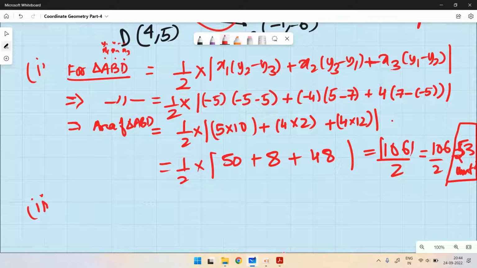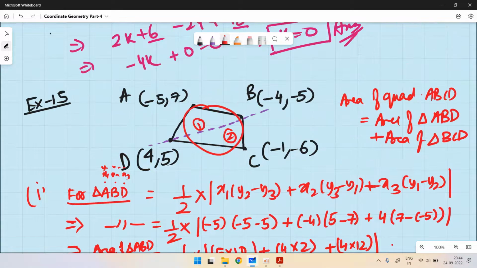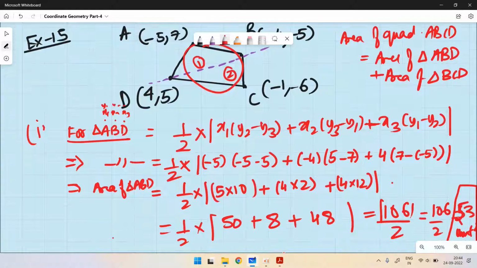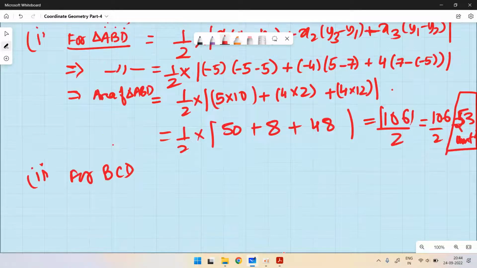So second, I will be calculating for BCD, earlier one was ABD. The formula is the same. I'm directly writing this is half, modulus.